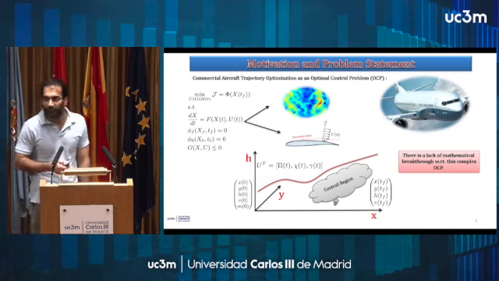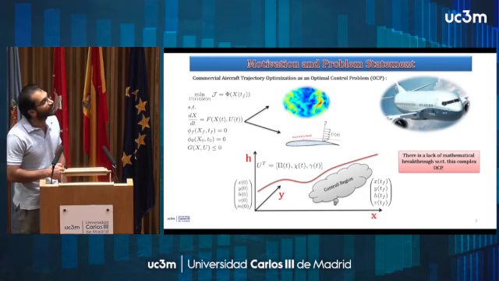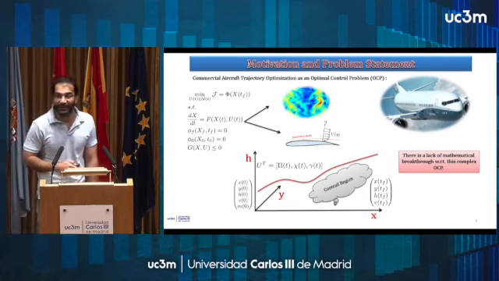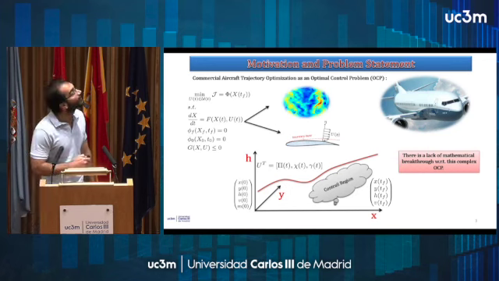The controls that are responsible to take action in time are throttle setting, heading angle, and aerodynamic path angle. This is a simple formulation of this optimal control problem, but still it is general.